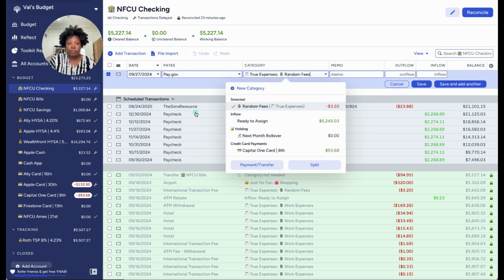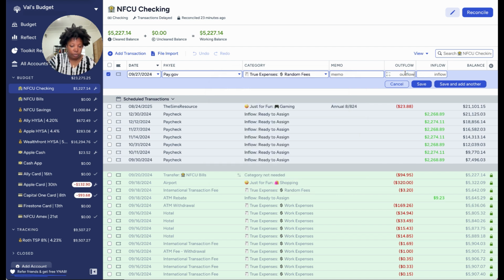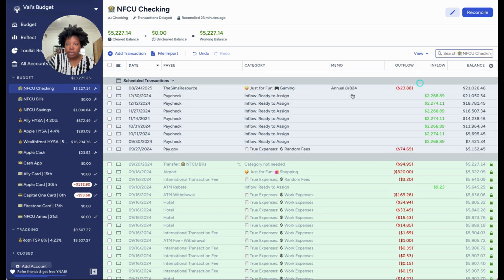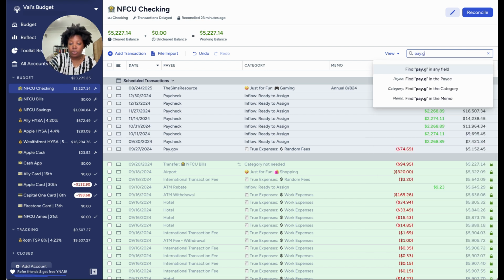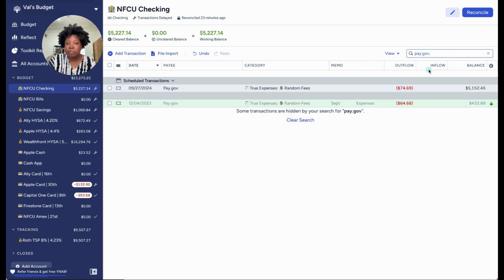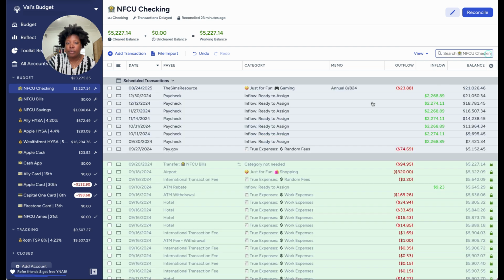Yeah. And this is going to be $74.69. Let's save, and then I want to search by PayGov so I can see what I usually do in the memo. Okay, cool.